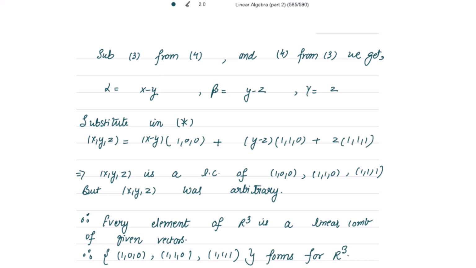So finally x, y, z is a linear combination of these vectors, but x, y, z was arbitrary. Therefore every element of R3 is a linear combination of the given vectors, which means all these vectors form the basis for R3.